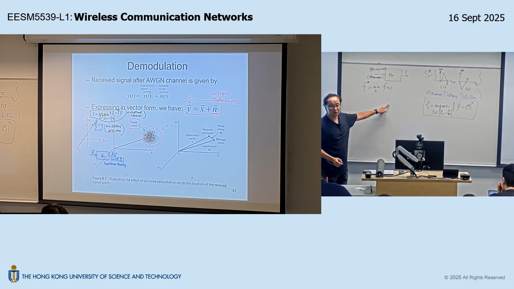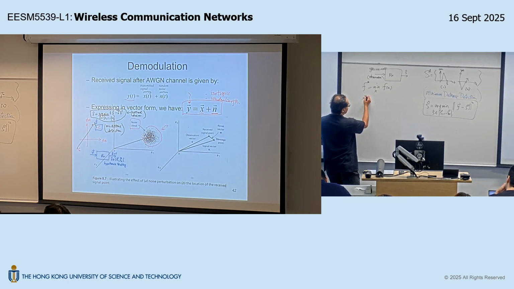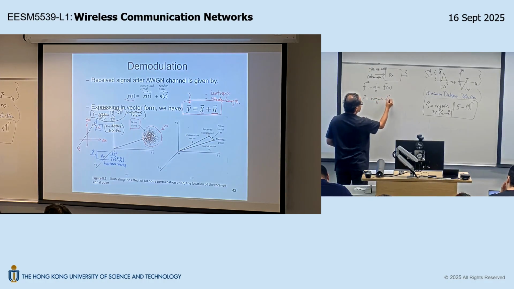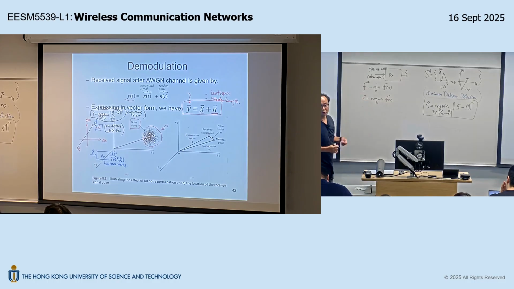Is that okay? But sometimes I'm not interested in the minimum function value. I'm interested in the minimizer, right? I'm interested in the x that achieves this minimum function value. Then in that case, I should say this. So this is the difference. Can you tell the difference?